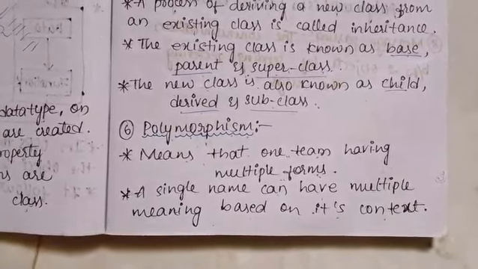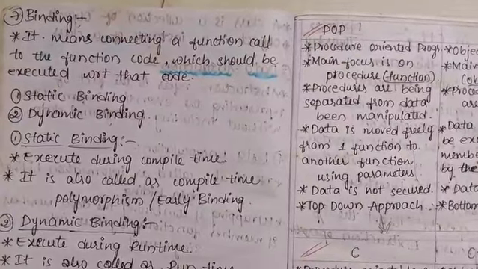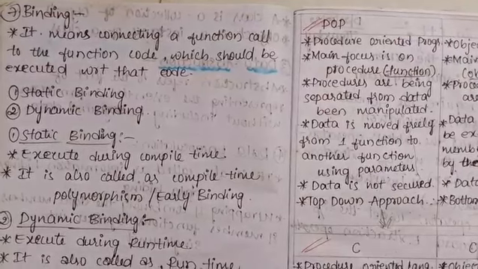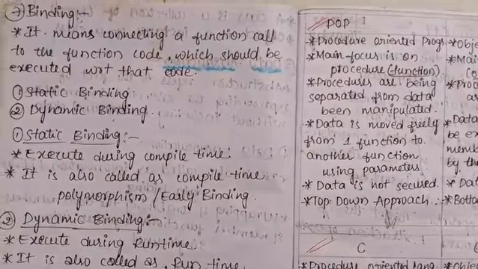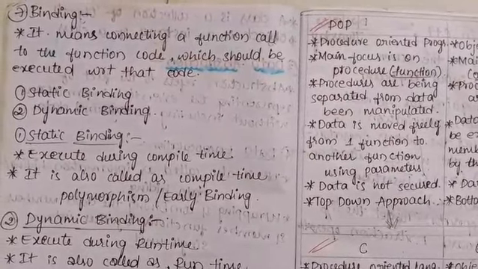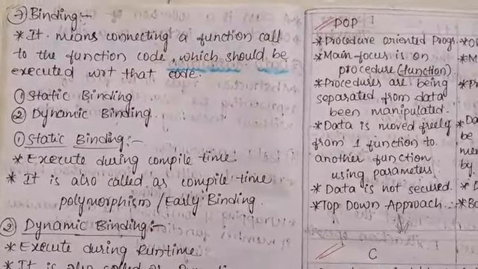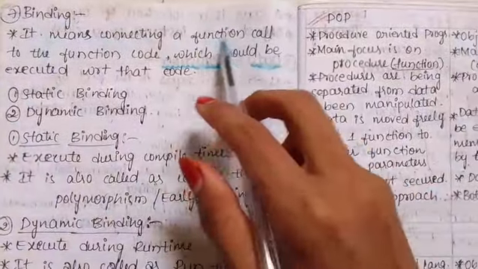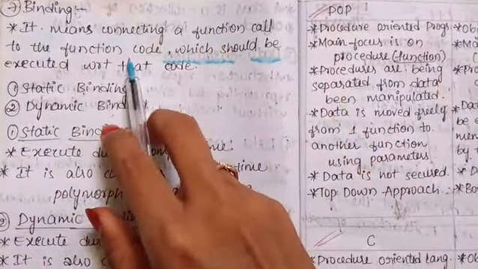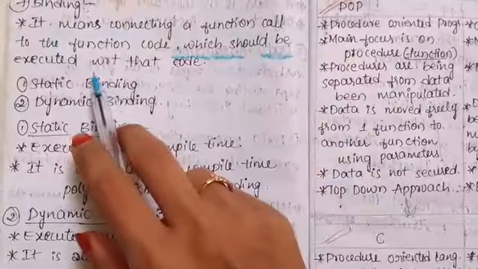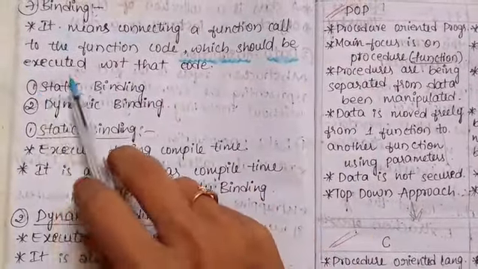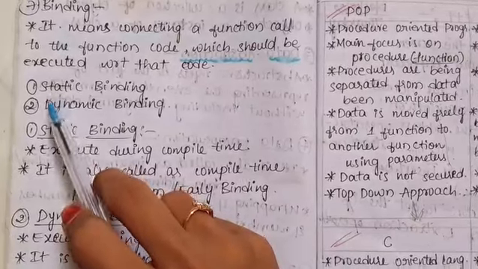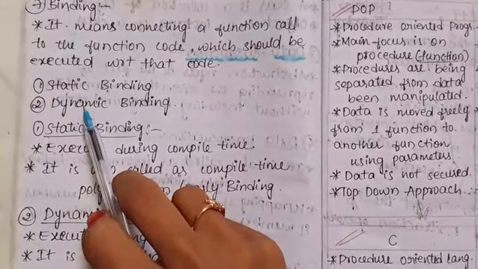That is polymorphism. The next one is binding. It means connecting a function call to the function code which should be executed. Data binding connects the function call and the function code. Here we have two types of binding, static and dynamic binding.